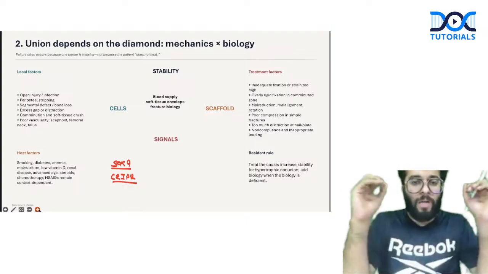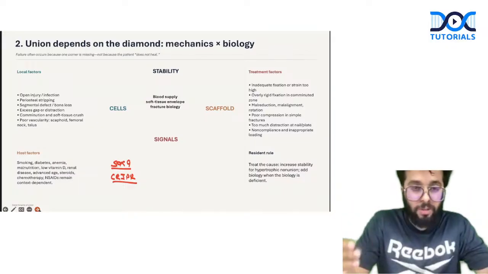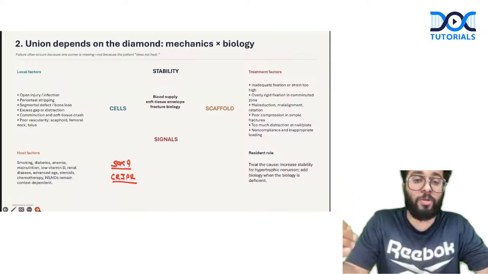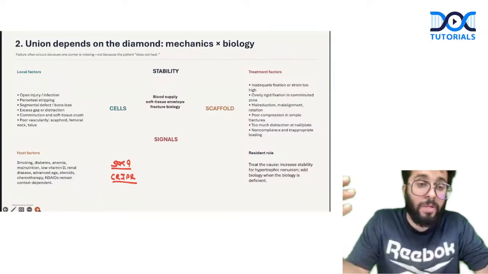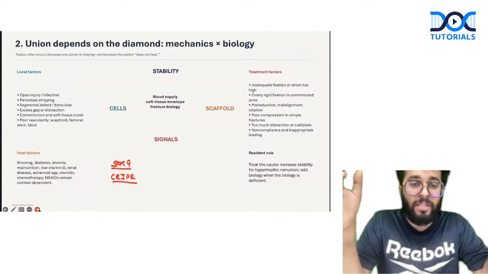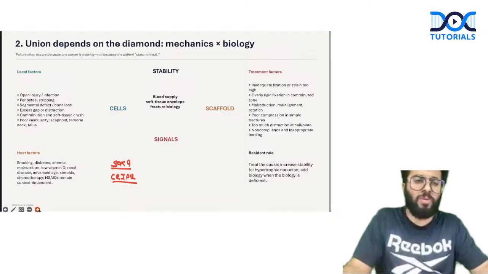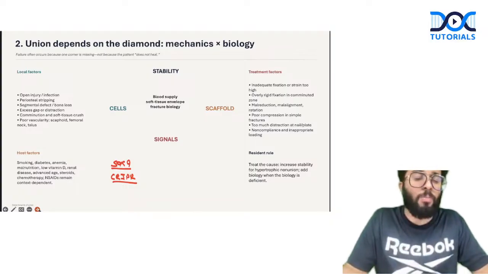Now, local factors: if there is an open injury, Gustilo-Anderson type 3, mention the Gustilo-Anderson classification, very important. Mention the ISS criteria, very important. If there is infection, what will happen? Infections lead to bacterial spore formation. The question is, why does infection lead to non-union or compromise of the union?